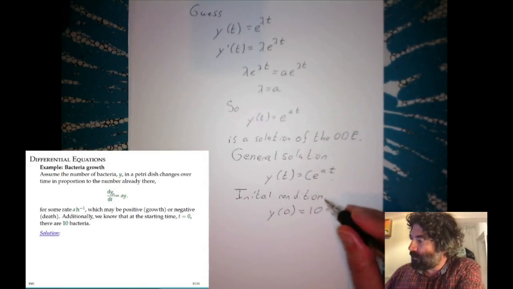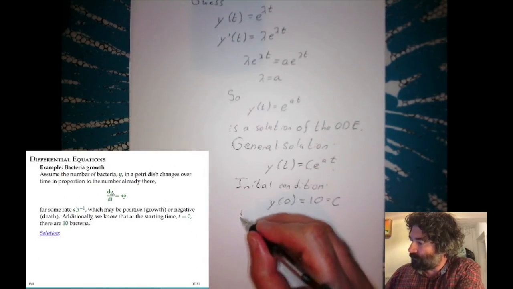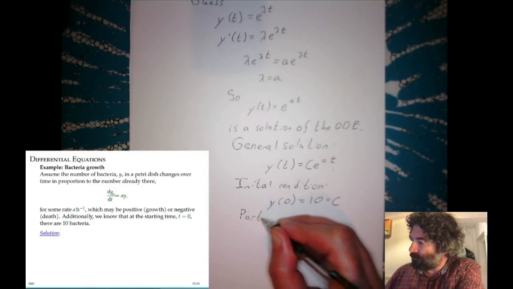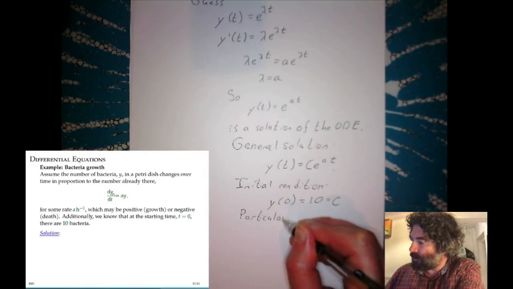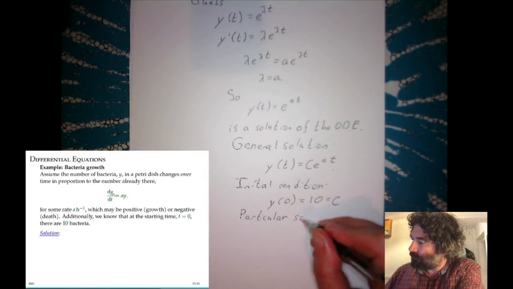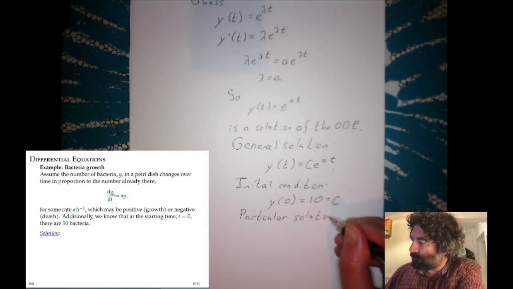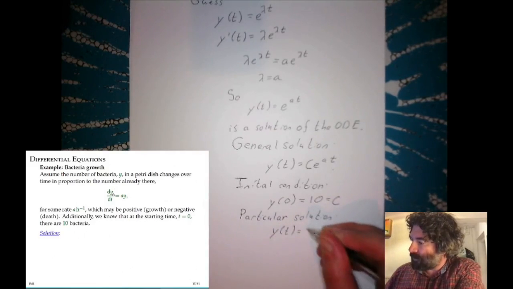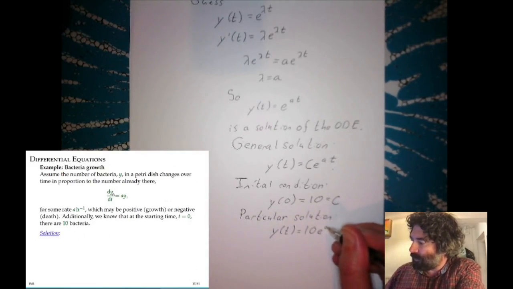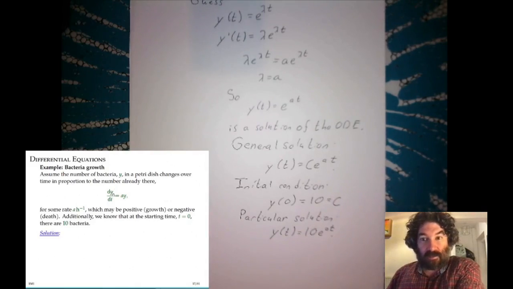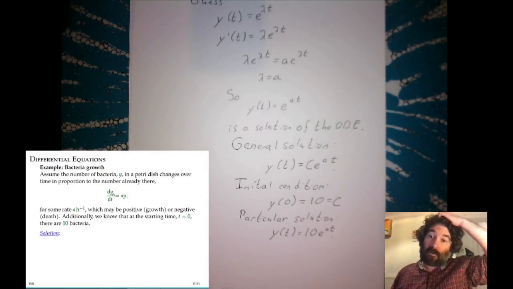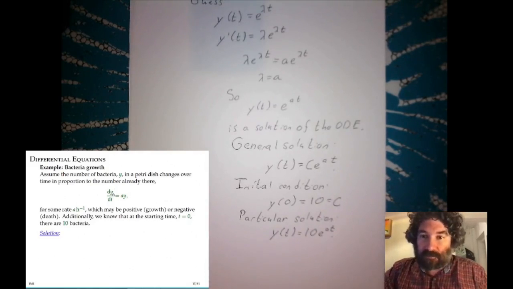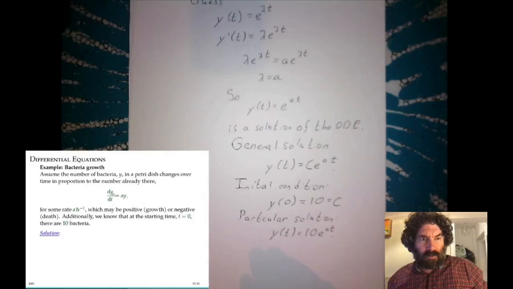And so the particular solution that satisfies this initial condition is y of t equals 10e^(at). Right, so this would be the function that would give you the number of bacteria in the petri dish.